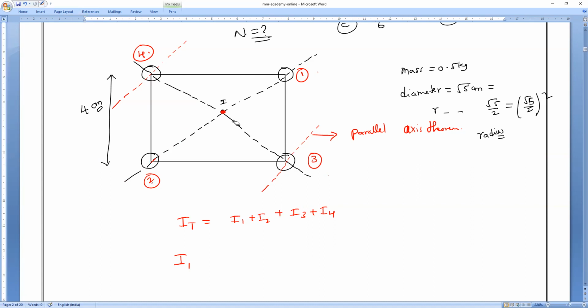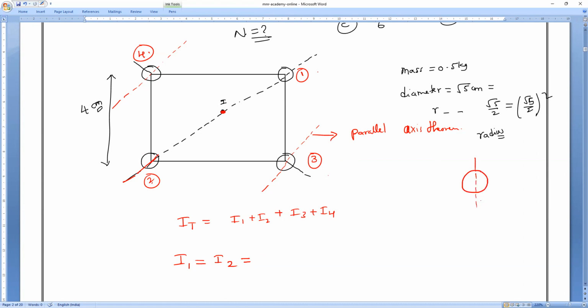And this axis is passing through the center of mass, so the moment of inertia remains the same. For a solid sphere passing through the center of mass, what is the moment of inertia?